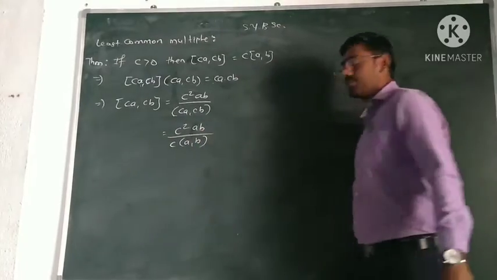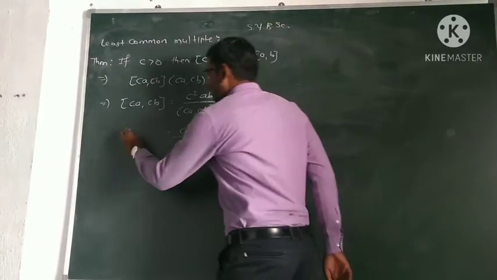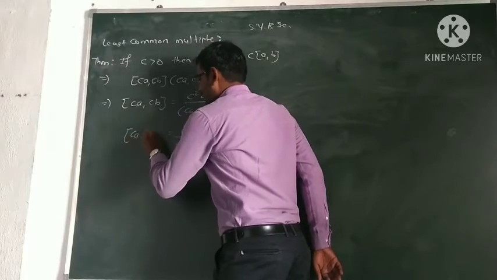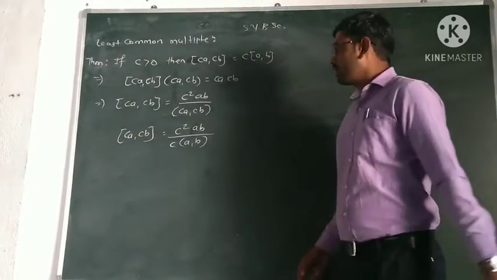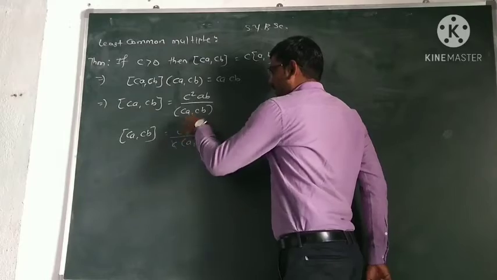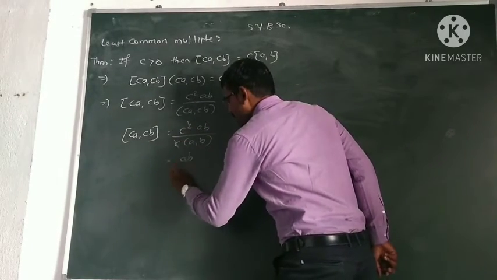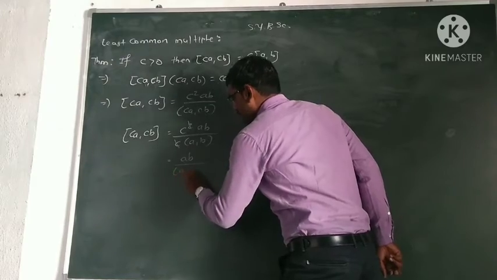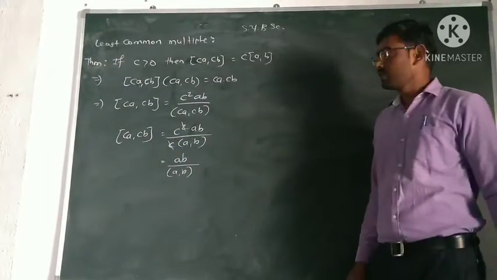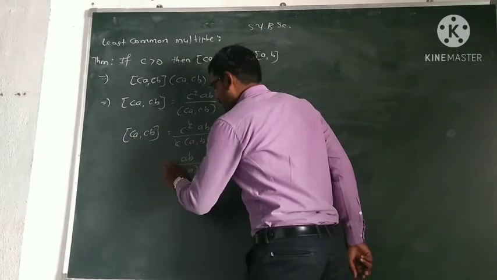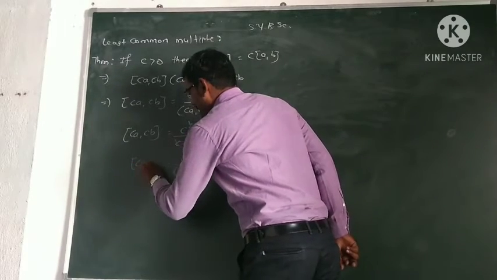We know this property. Here is the C, so one C gets cancelled. This is equal to C times AB upon GCD of AB.